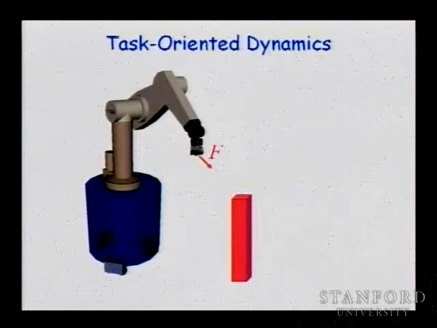Now, when we talked earlier about Newton's law, we said mass times acceleration equals force. And the mass was a scalar. But this is a multi-body system. And the mass is going to be a big M mass matrix. So the relationship between forces and acceleration is not linear.